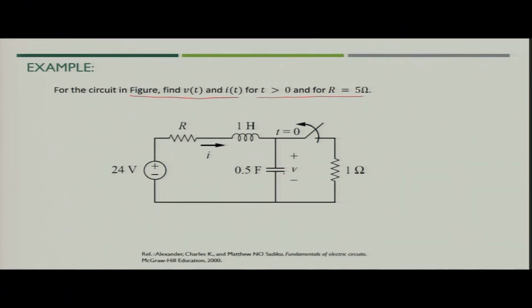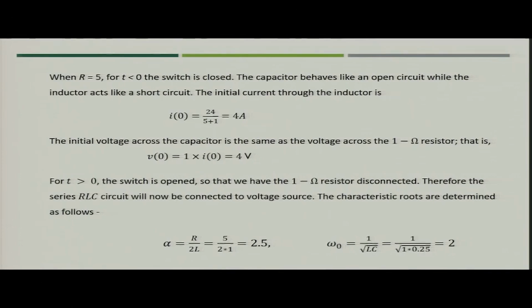So, what is left in the circuit is only these two resistances. Based on these two resistances we can find the value of voltage across the capacitor at time t equal to 0 and the value of current flowing through the inductor at time t equal to 0. That would be our starting point.